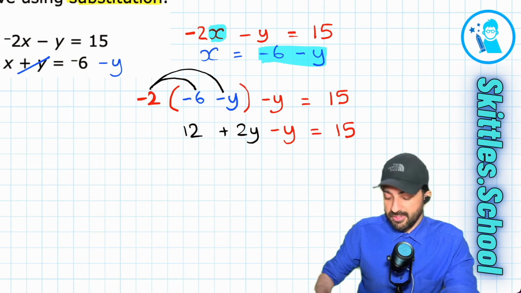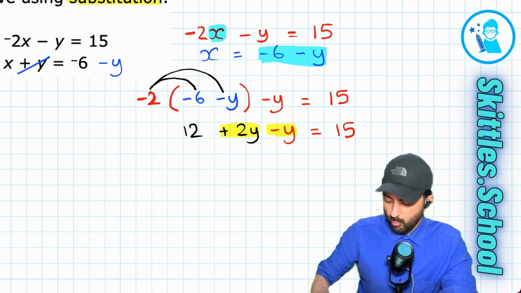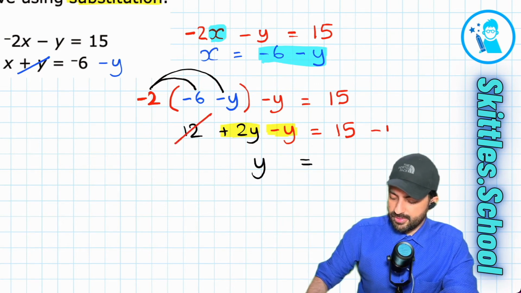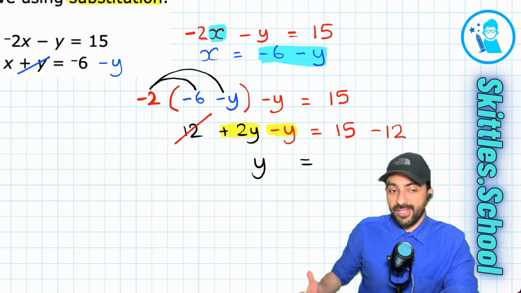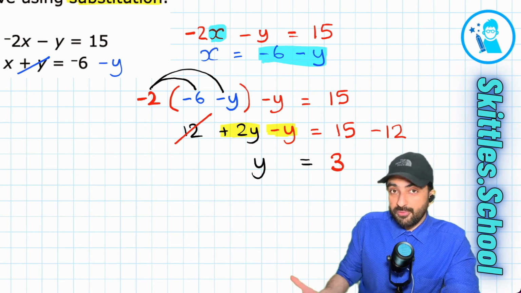And now we can simplify this a little. +2y, take away y, is just 1y, or y. And if we subtract 15 from both sides, we're left with y equals 15 take away 12, or y equals 3. Now we've got a value for y.